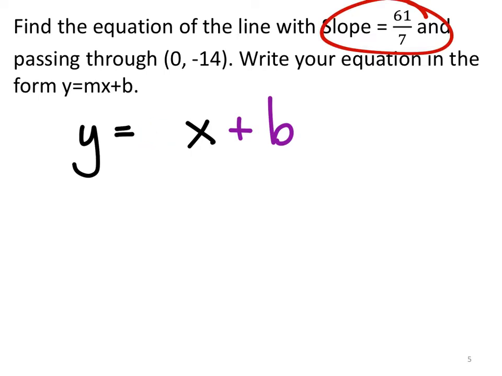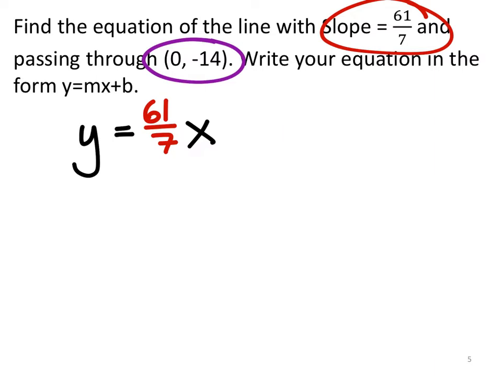So I'm just going to replace the slope m with the slope they gave us, 61/7. And yep, they did give us the y-intercept again. Don't expect this too often, but it will happen from time to time. I'm going to replace b. Instead of putting plus b, I'm going to make it a negative, so -14. And that would be it.